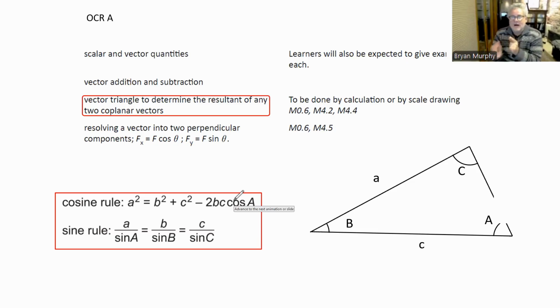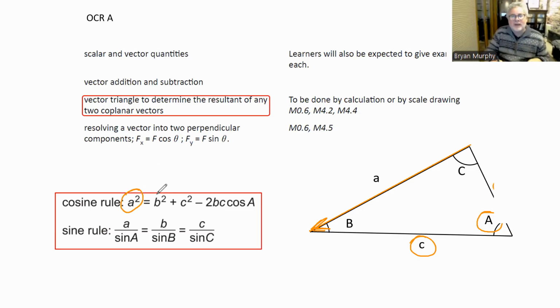If we are trying to find this vector here, the size of that guy there, if we know the other two and the angle between them, so we're trying to find the length of A. If we know little c and we know little b and we know the angle between them, then we can use that.